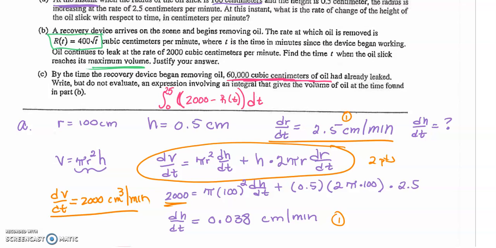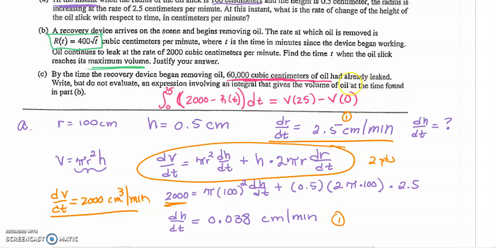And I'm going to show work on this. Some of you will just know what to write down, but we have to remember what that means. What that means is the volume at 25 minutes minus the volume at the start.